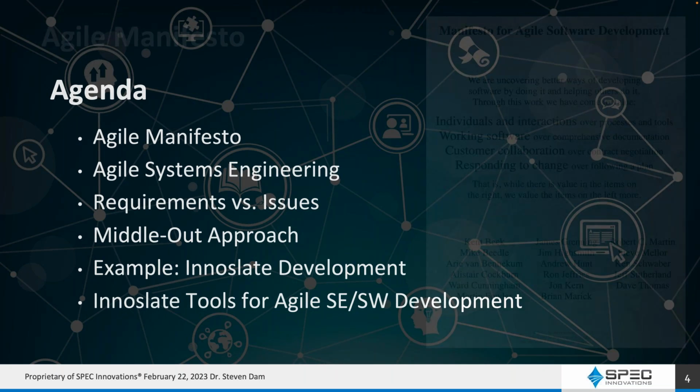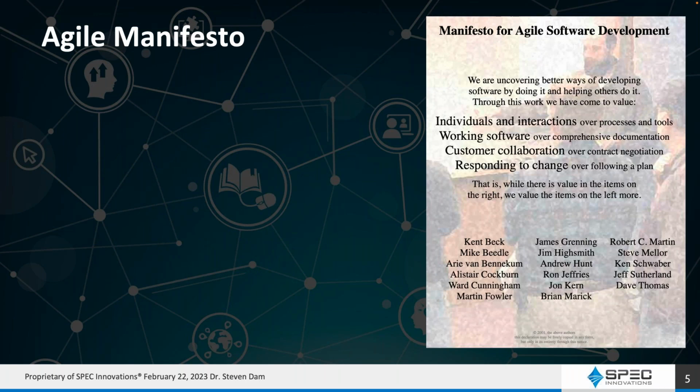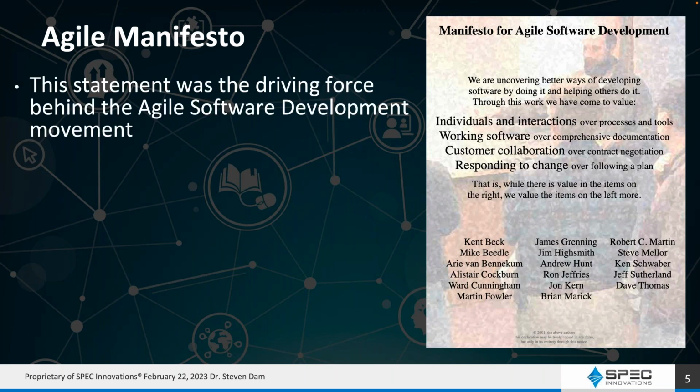Okay, so Agile Manifesto. Those who aren't familiar, it's an easy Google search, right? Just look for Agile Software Development Manifesto, and boom, this pops up. And it's a very interesting manifesto, and reading about it, you kind of go, wow, this is kind of interesting. This really was that driving statement, the force behind the whole Agile software development process.